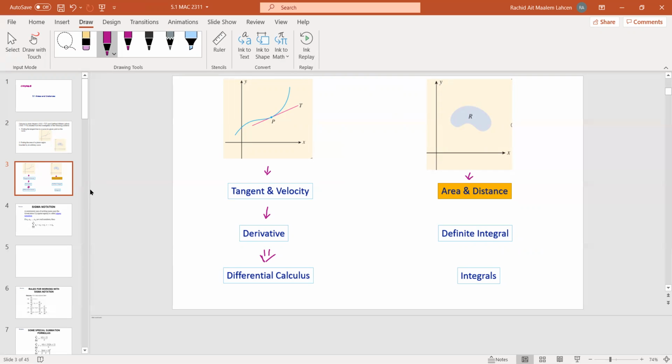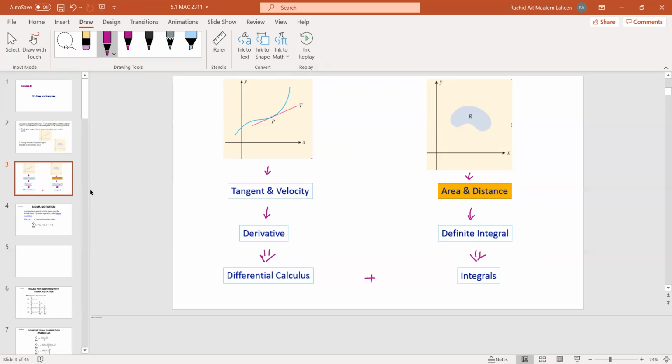So these two problems are going to help us understand how these definite integrals that we're going to work on, what they mean and how they work, all right? And that's going to be the main idea of integrals.